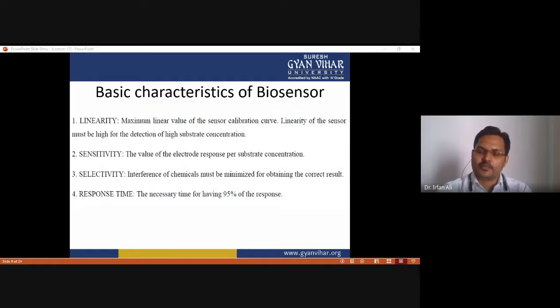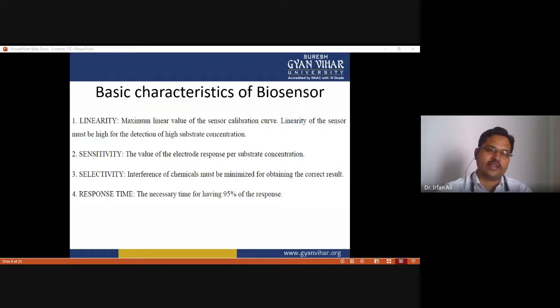And another property of a good biosensor is selectivity, where interference of chemicals must be minimized for obtaining the correct result. Okay, so interference from surrounding compounds, other compounds which may interfere with the results. That's why selectivity is very important for the analyte. If we detect glucose, our sensor will not react with any other types of carbohydrate like fructose or galactose.